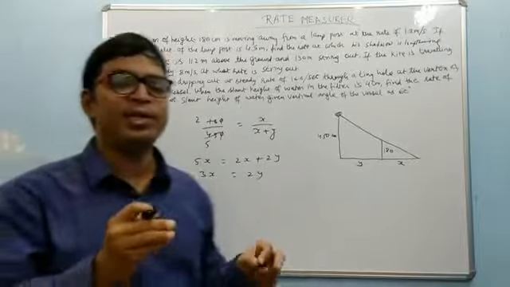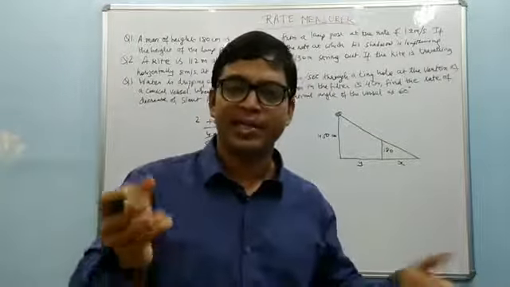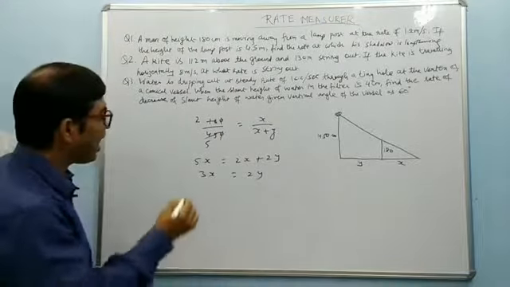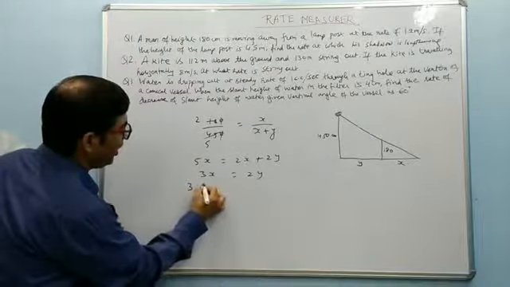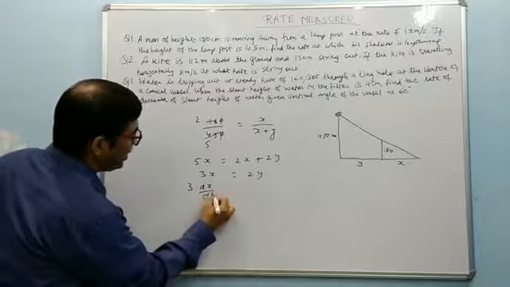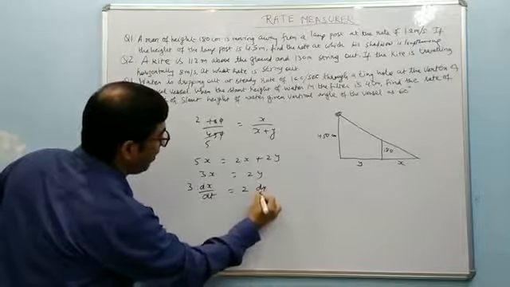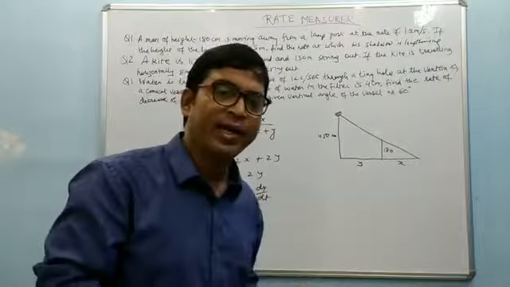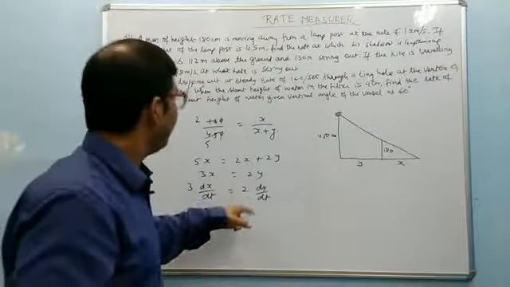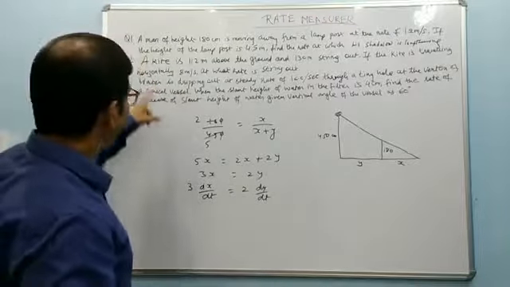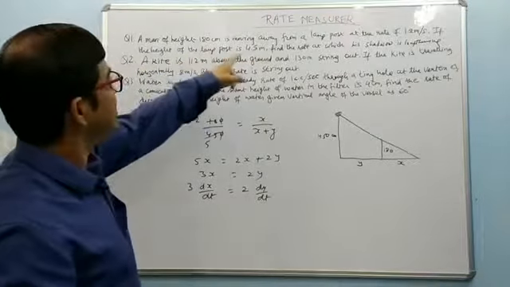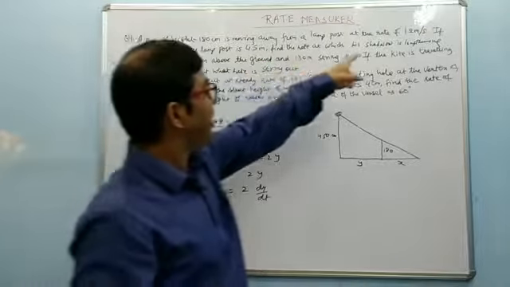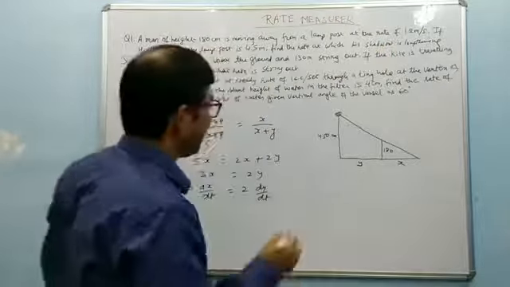Now we have established the relation between the variables x and y. What we have to do? Now just differentiate with respect to time. So it is going to give you 3 dx by dt is equal to 2 dy by dt. Now see, whatever is given, you put it and you will get the unknown thing. Okay. What is given here, we will see. Man is moving away at the rate of 1.2 meter per second.